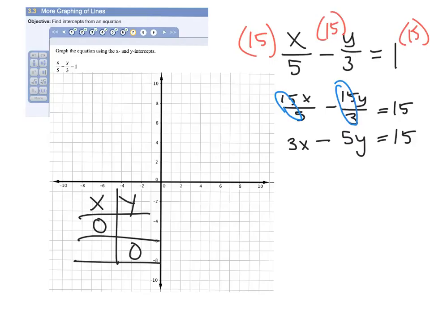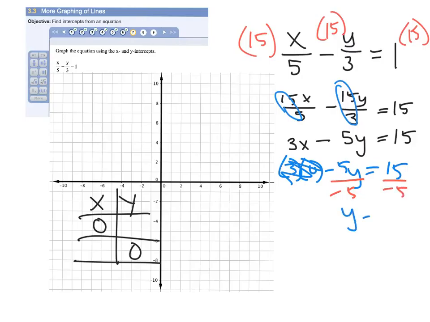So when x is 0, we end up with, let's see, 3 times 0 minus 5y is equal to 15. So that's really 0. So we're going to divide both sides by negative 5. And so we end up with y is equal to negative 3.